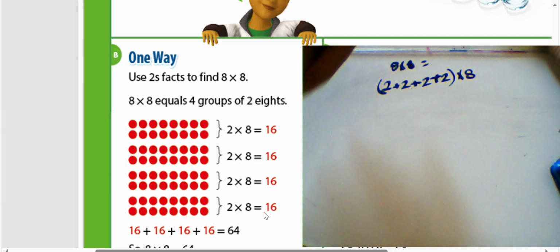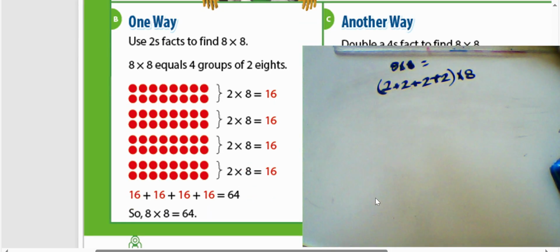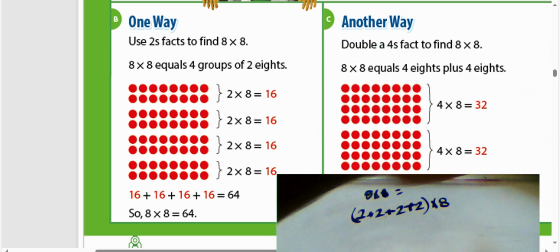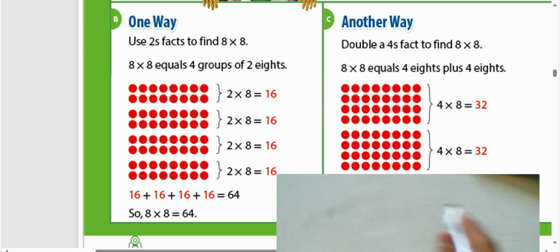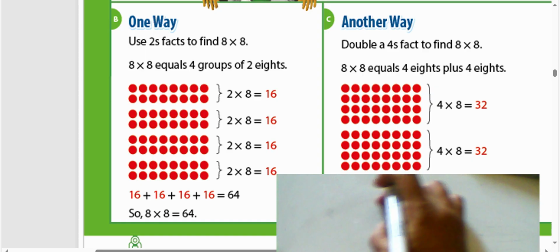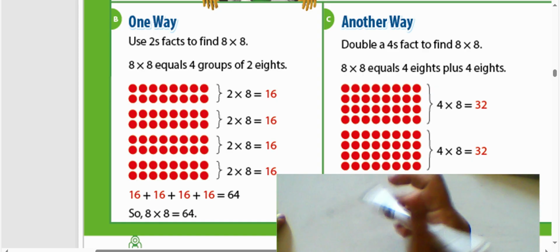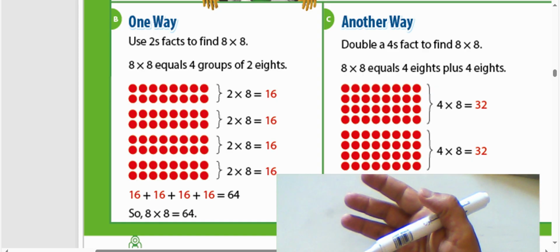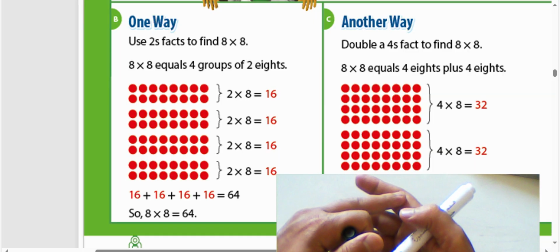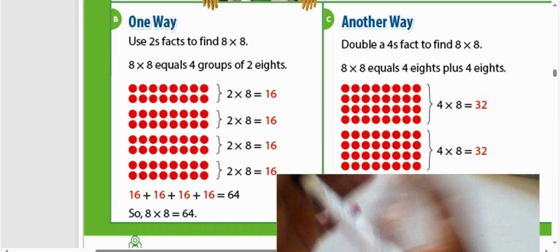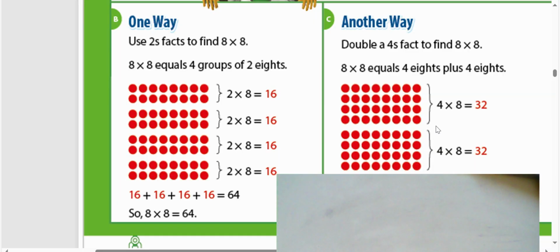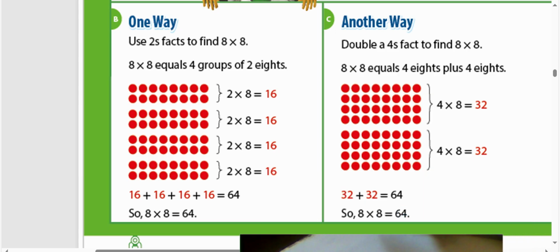The sum of them equals 64. Okay, it's the method. Or you can find another method by 4 times 4 and 4 times 4, and draw 2 rows. Each row contains 4 rows and each row contains 8 elements. 4 times 8 is 32. 32 plus 32 equals 64. You can use this method or this method.